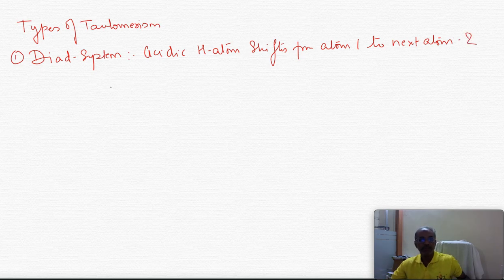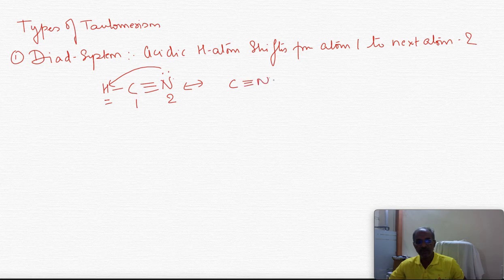Take for example, right, no doubt it is an acidic hydrogen atom. So suppose if this is the second atom, right? So now what will happen? This has a lone pair of electron. This will pull the electron towards itself and it will form C triple bond NH.